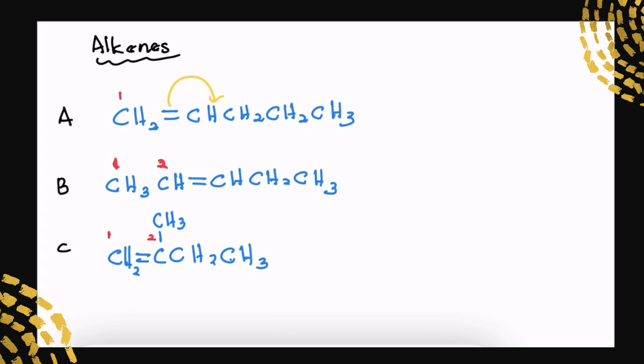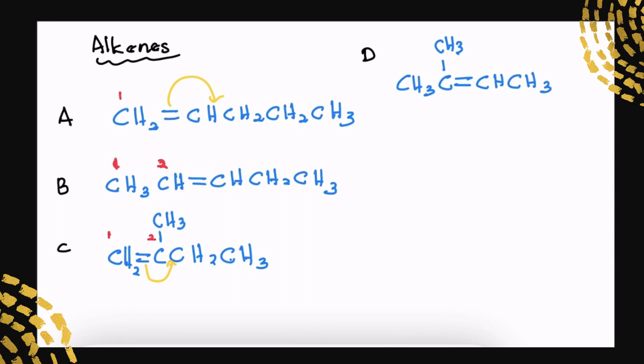So why don't we move the position into here? Maybe our D is CH3, CH3 double bond, CH, 1, 2, 3, 4, CH3.